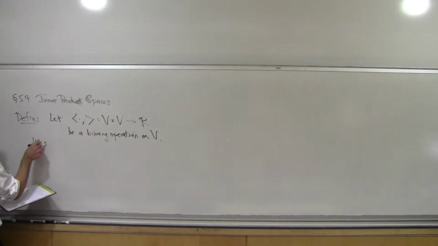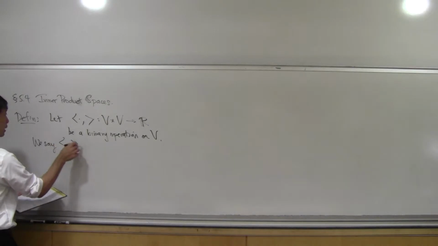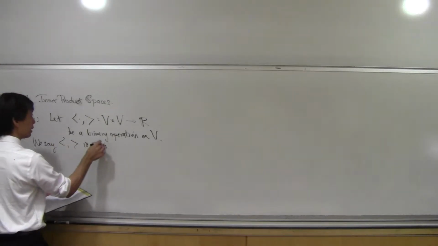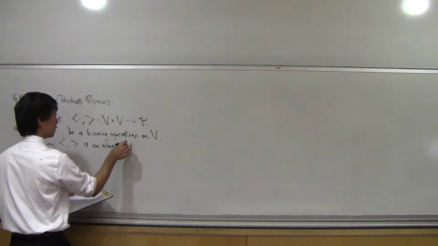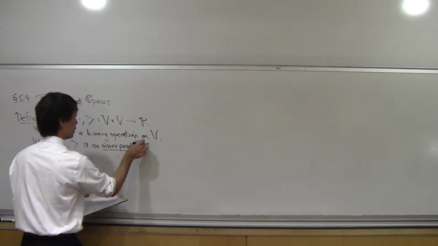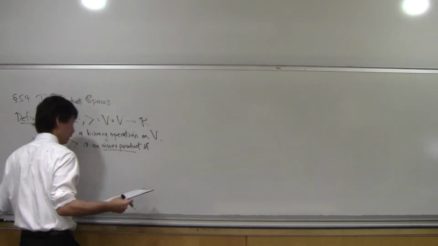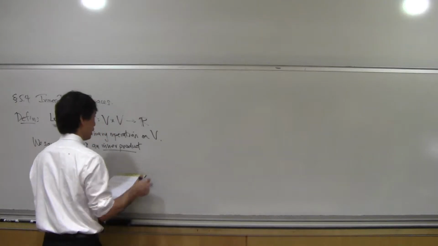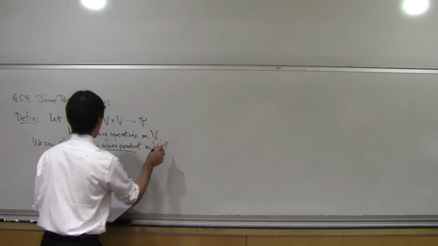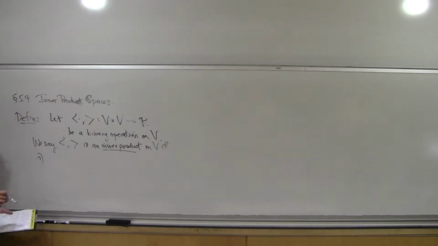Let this be a binary operation on V. We say that this thing is an inner product on V if the following three conditions are satisfied.